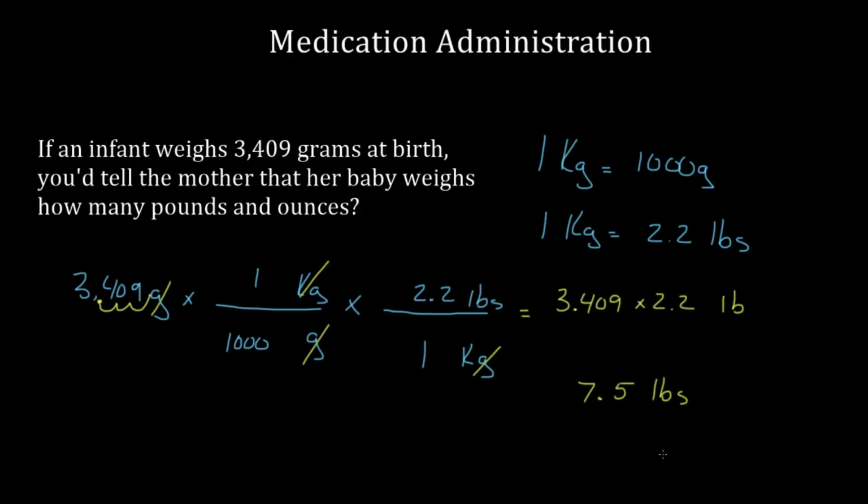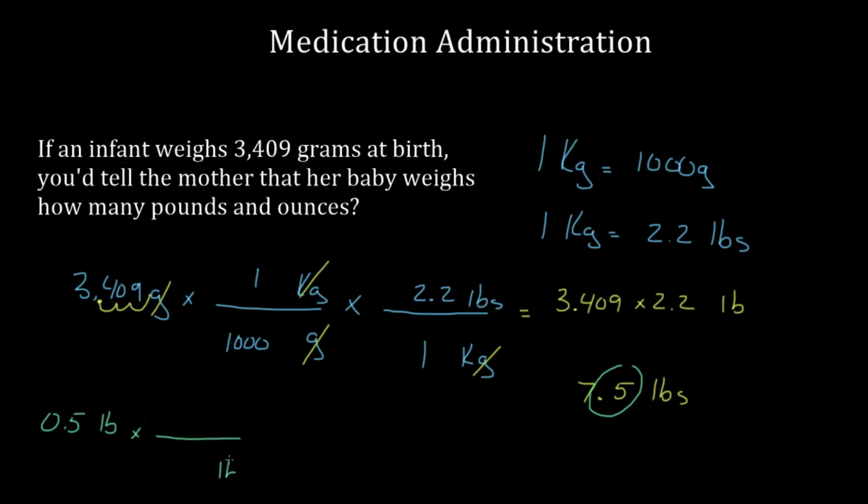pounds. Okay, but our question is asking us for pounds and ounces, so the decimal piece is what we need to convert to ounces, this piece right here. So we want to take this 0.5 pounds and convert that to ounces.